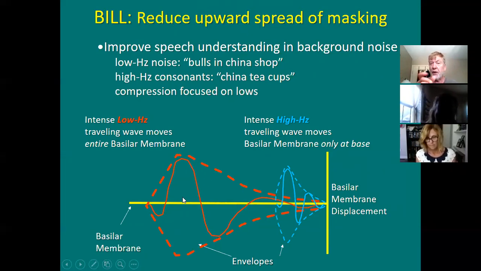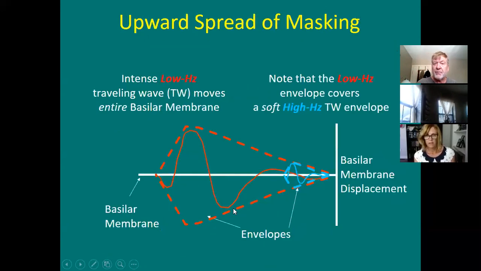Notice how they're both shaped like kites. Look at the red, it looks like a great big kite laying on its side. That means if I excite these hair cells, the front of the traveling wave is steep, but its tail is really long. The high frequency traveling wave is still shaped like a kite. It's a shorter kite.